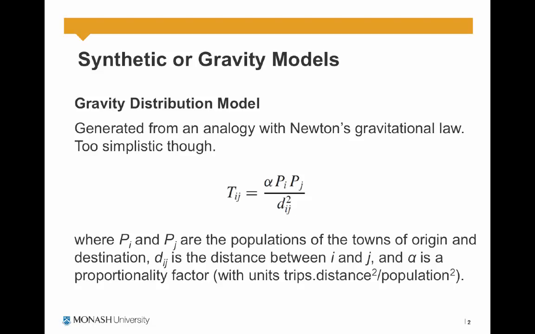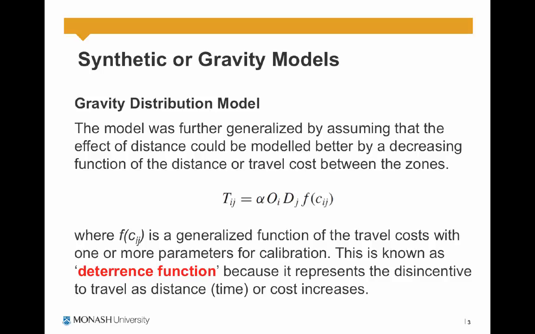However, this is too simplistic. Further generalization of the gravity distribution model can be obtained by assuming that the effective distance could be better modeled by a decreasing function of distance or travel time or travel cost between the zones.